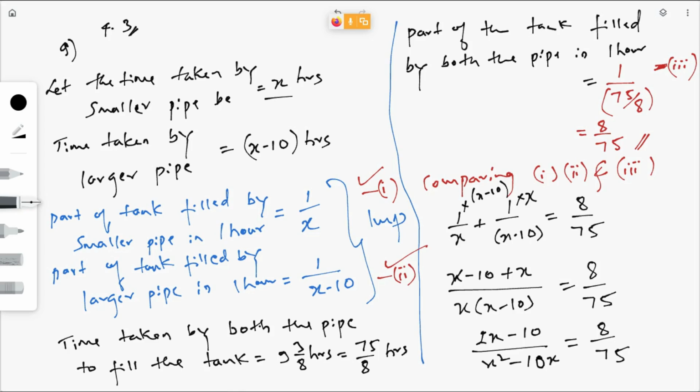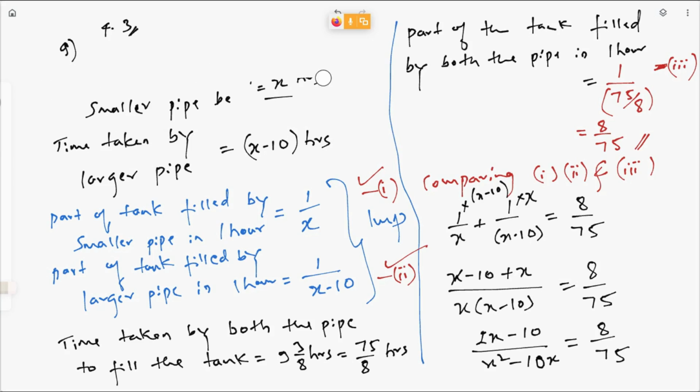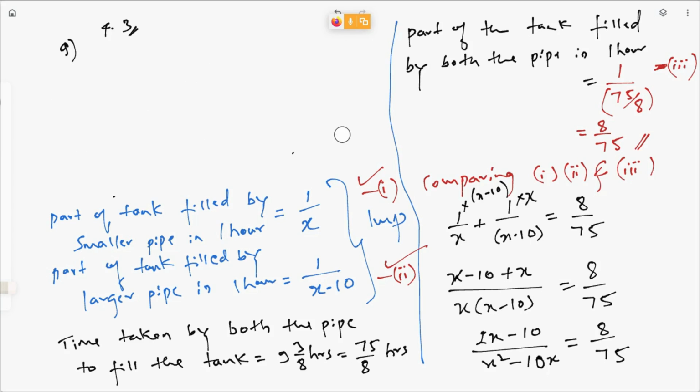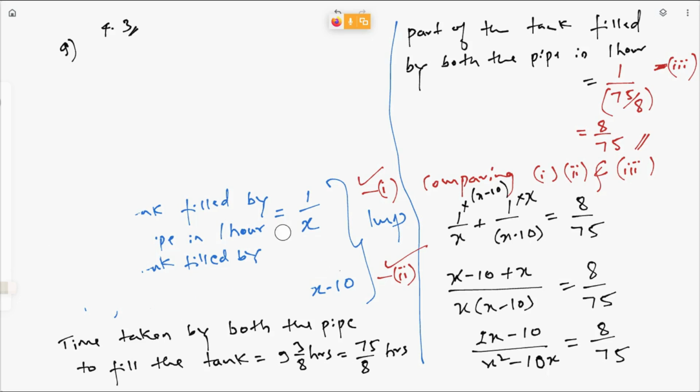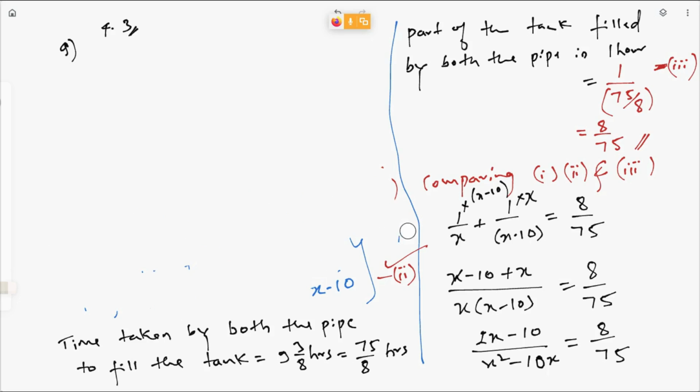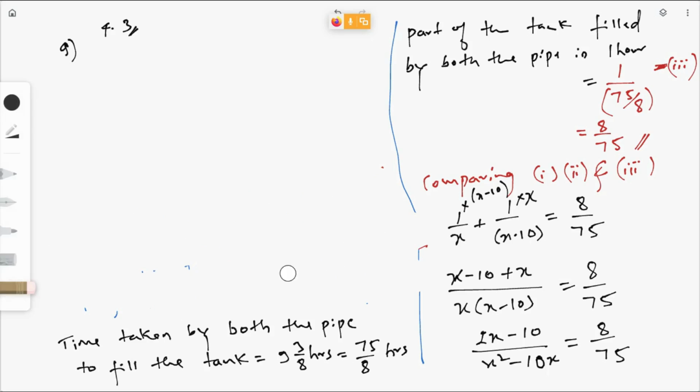Take a screenshot. Okay, I will erase this part. Okay, so what is the next step? 2x minus 10.